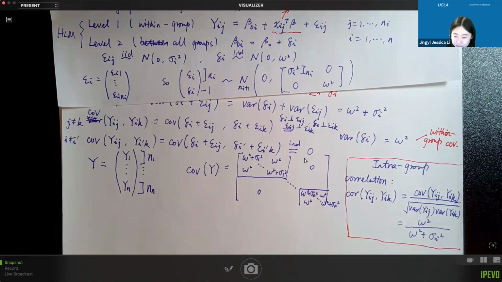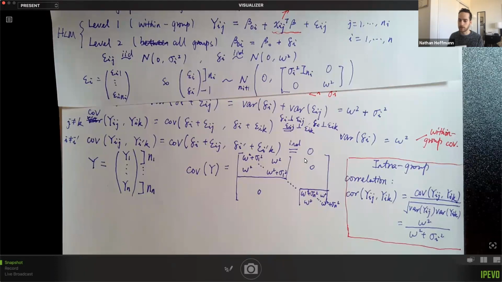Sorry, I have a quick question. Were you saying before that usually when people apply this random intercept model, they'll set sigma to be the same across groups? Yes.